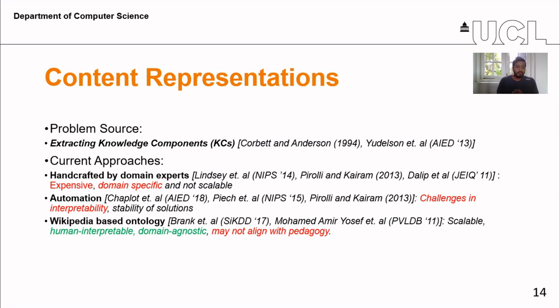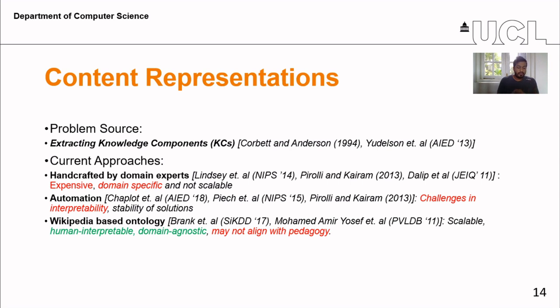Here, the opportunity is that you can do this at scale, because Wikipedia is a vast knowledge base, and entity linking is a machine learning approach that has had good advances in the last few years.